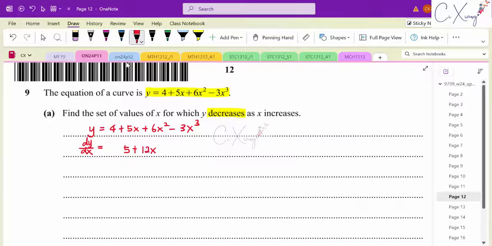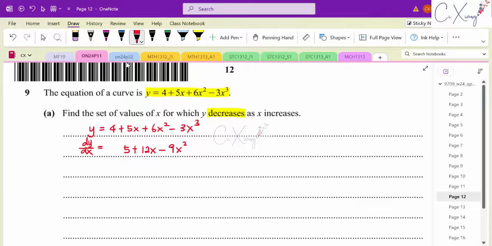Copy the x, power minus 1, becomes power 1. For the cubic term, the power 3 you bring to the front, so 3 times 3, you get 9. Copy the x, then the original power minus 1 becomes 2. So this is my dy/dx.